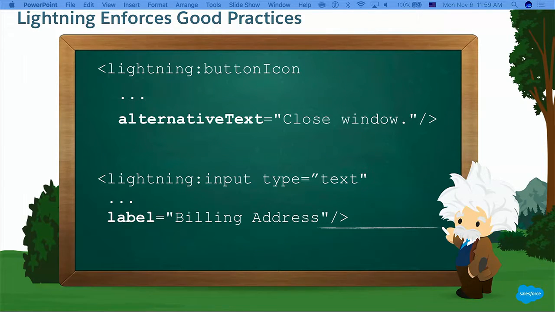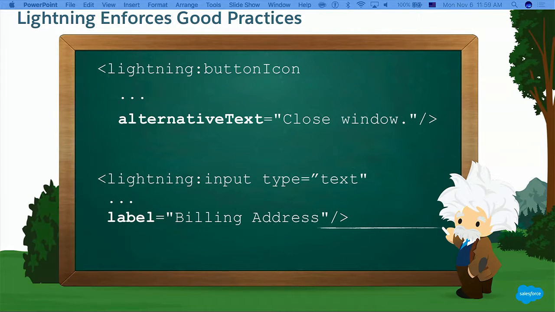So we have built into Lightning Components attributes that, just like this, alternative text, close window, and it will put it in there in such a way that a screen reader user will be able to hear it. A sighted user, a designer, won't have to look at it, but the information's there, and you don't have to do anything special because we do it for you.